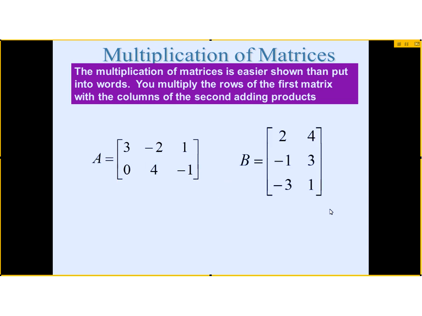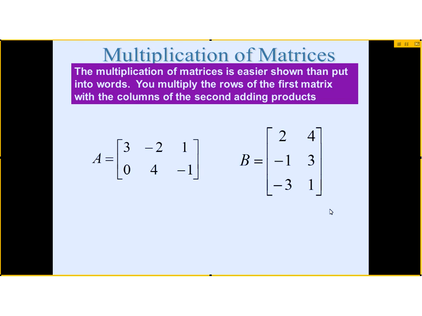So, for example, we have two matrices. In matrix A, we have two rows and three columns, and in matrix B, we have three rows and two columns. If this condition holds, then only can we multiply these two matrices.